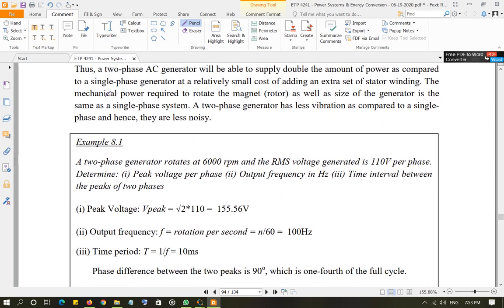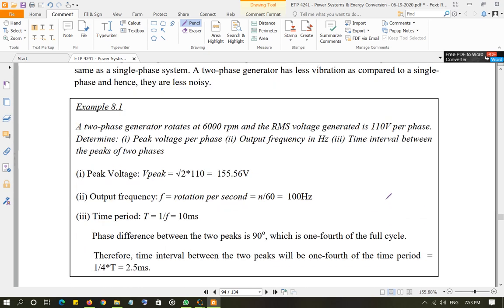Make sure you follow example 8.1. We are saying that you have a two-phase generator running at 6000 RPM, and the RMS voltage generated is 110 per phase. It is asking what the peak voltage per phase is. Since RMS is given, square root of 2 times RMS is the peak voltage.